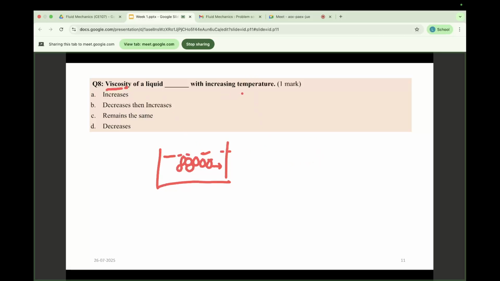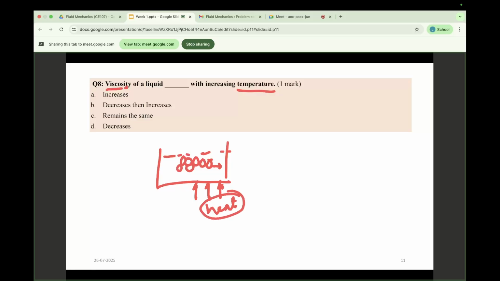So here the question is with increasing temperature. Say we are applying heat to this vessel, that means we are providing temperature to this liquid. We know that if we provide temperature to any liquid, its molecules gain some kinetic energy, right?